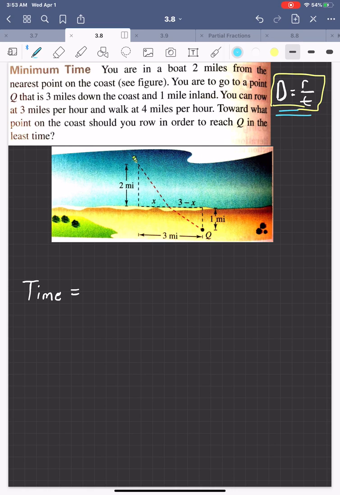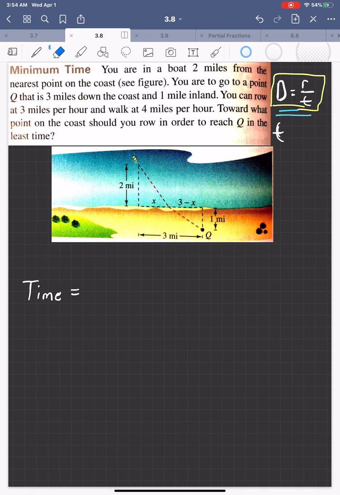In other words, if you tell me on average how fast you were going, and you tell me how long you were going at that average rate, I'll tell you the distance. So since distance is equal to rate multiplied by time, we want time, right?